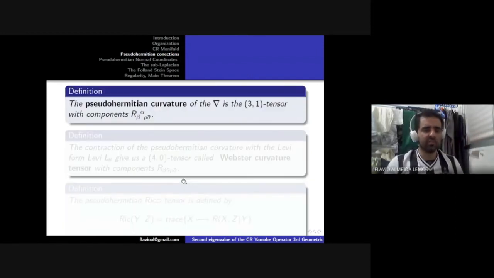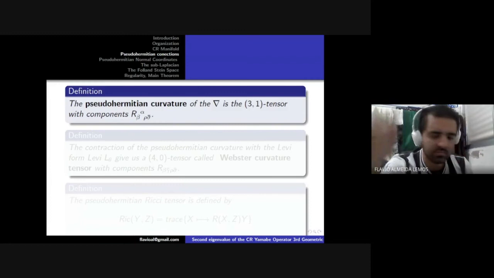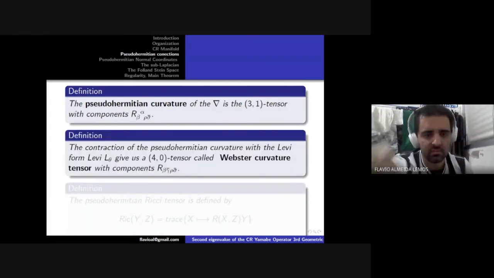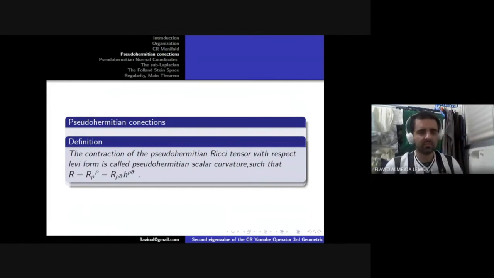Then we have a definition of pseudo-Hermitian curvature, the same way as in Riemannian geometry. We have the Webster curvature tensor and the Ricci tensor, the same way as in the Riemannian context.